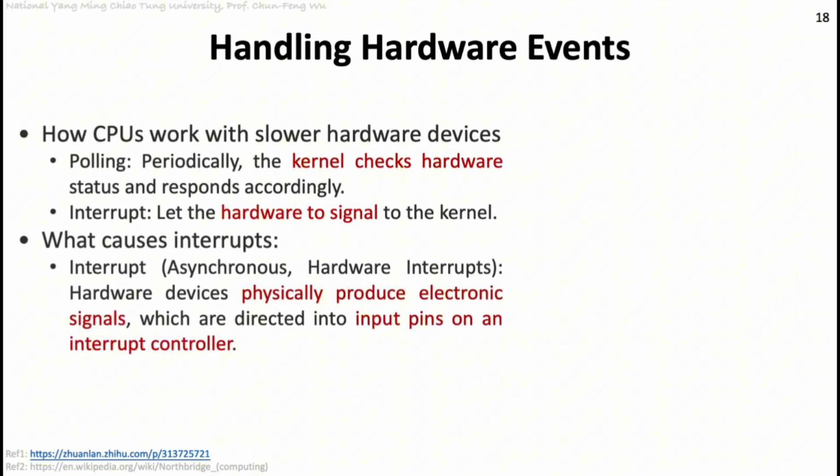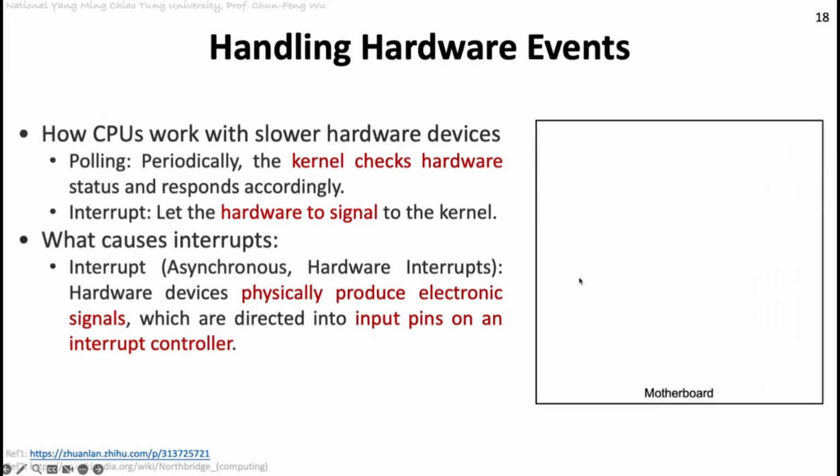You can think about when you plug in the keyboard or the mouse, or the storage device like an SSD or hard disk drive in your motherboard. Each time the device is going to send an interrupt, it will use an electronic signal to interrupt the CPU. Okay.